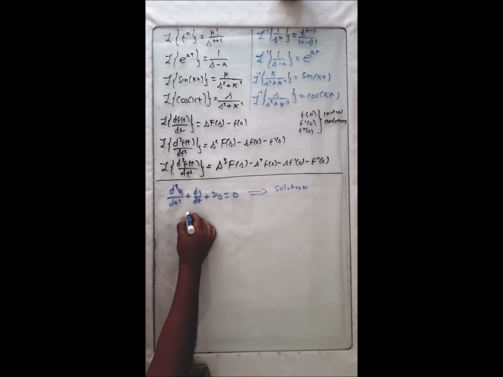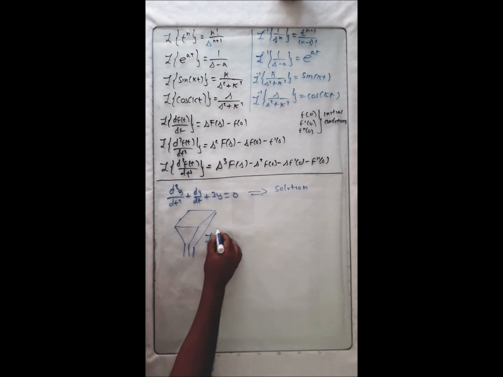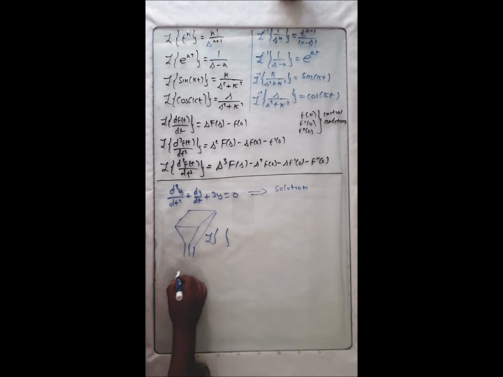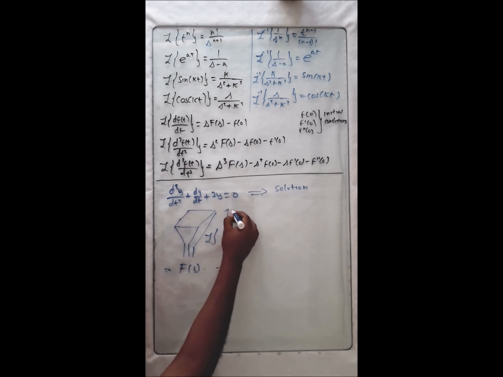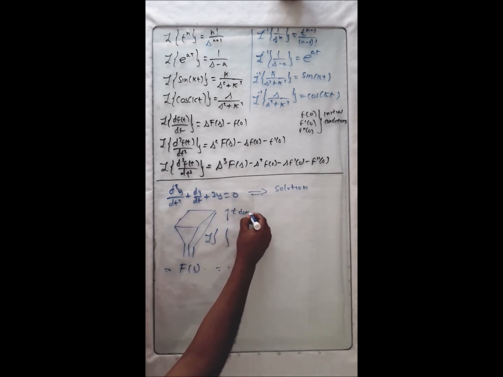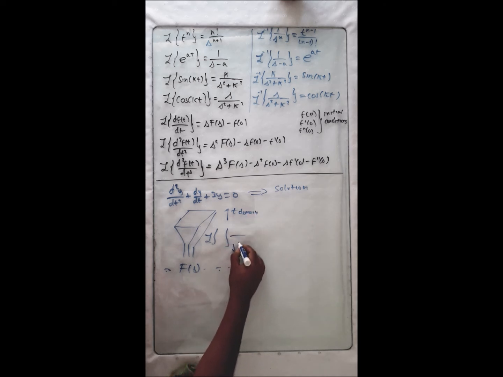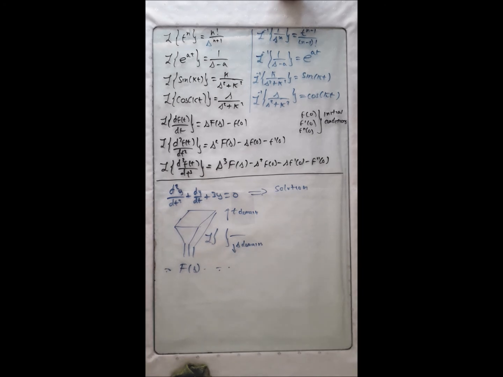So what is going to happen here is that you are going to throw the differential equation into the tortillas machine of the Laplace transform, and you are going to get some F of s and whatever. So this is the t domain, and here is the s domain. The beauty of the Laplace transform is that here there is no derivatives.